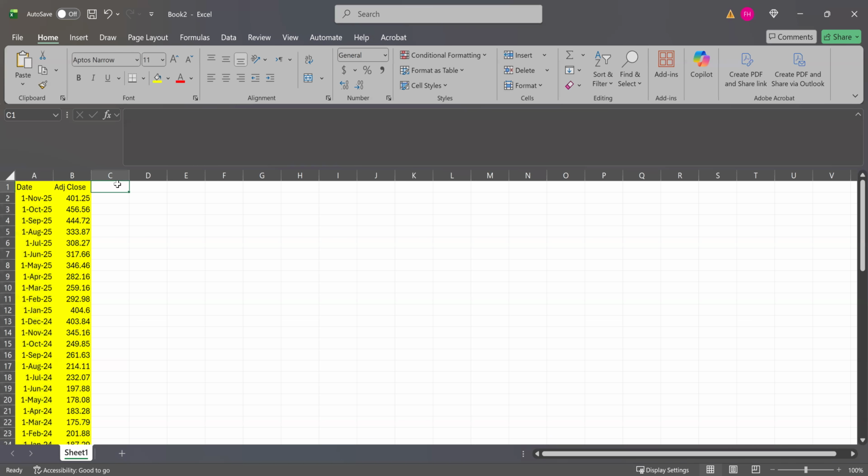So I start by computing the return of Tesla. I'm gonna call this return of Tesla. So this is equal to 401.25, the price in November, divided by the price on October 1st, minus 1.